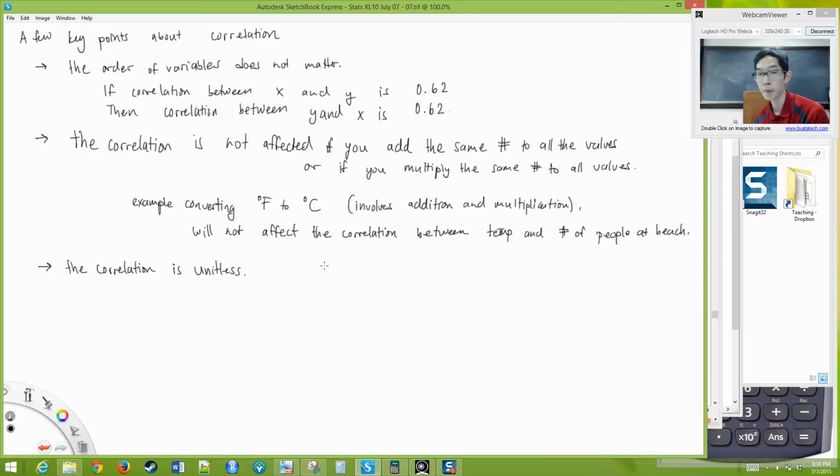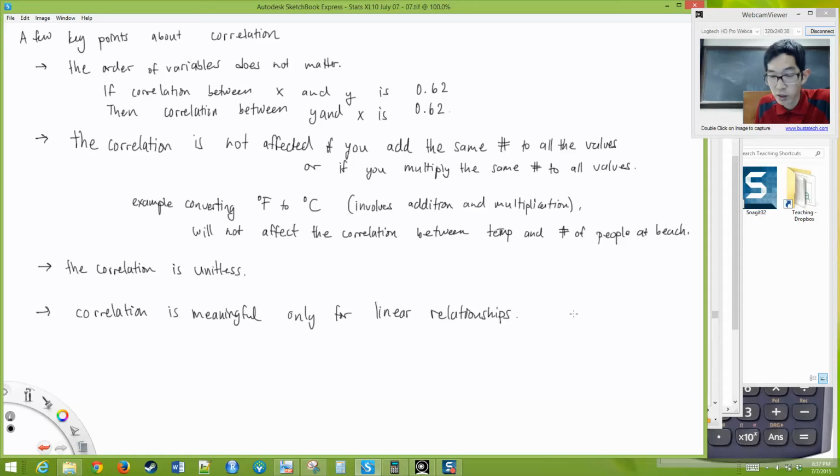Okay. And lastly, correlation is meaningful only for linear relationships.